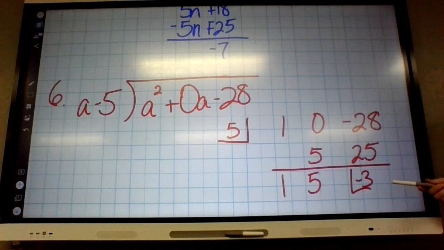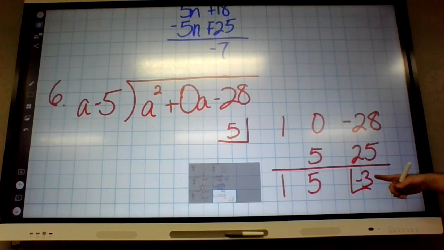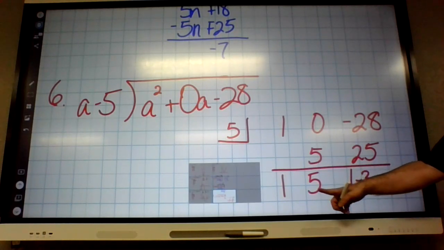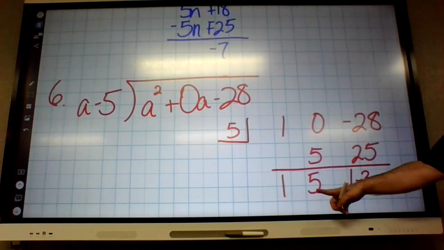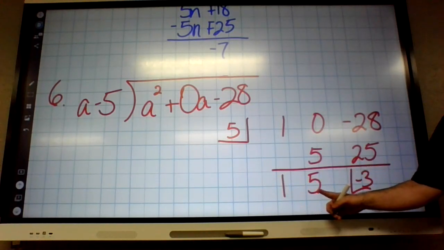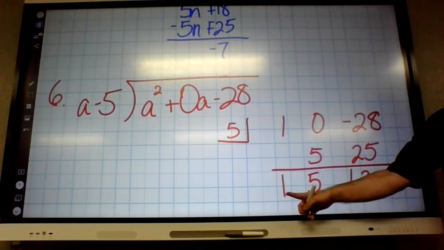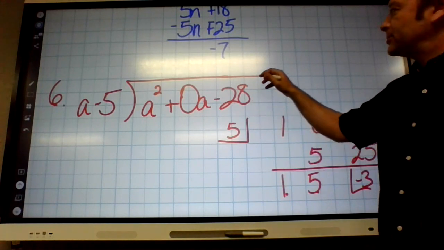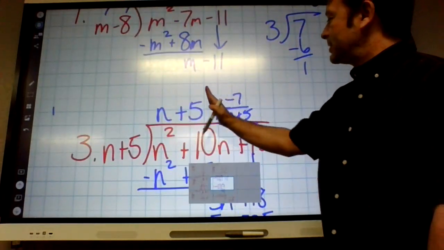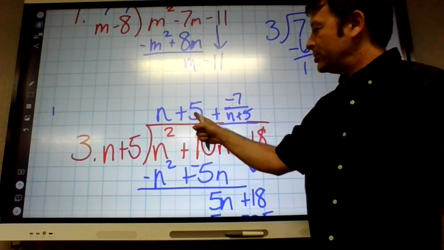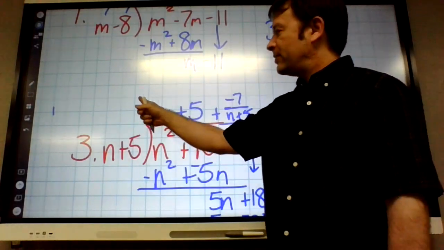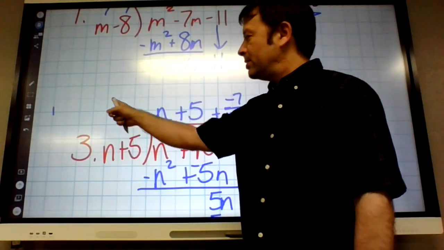Okay, on Friday we didn't have any remainders, but today we do. So this is the remainder, this is the constant, the normal number, and this is the a term. So it goes like remainder, normal number, n term. If there was another number, it'd be n squared, n cubed.